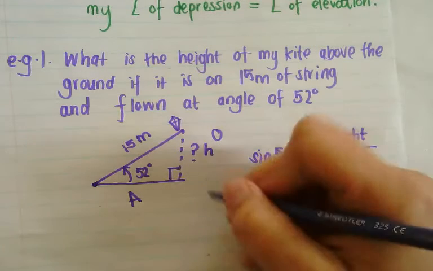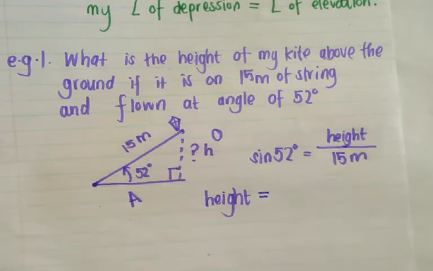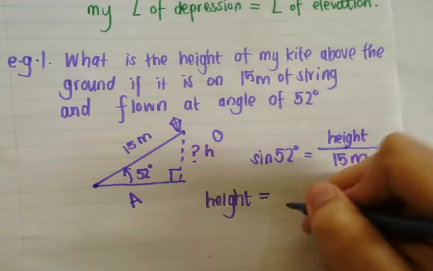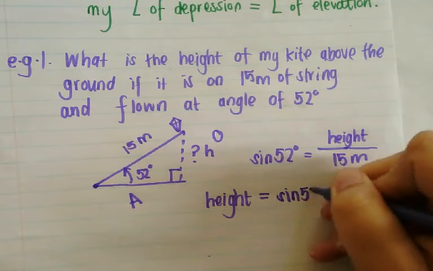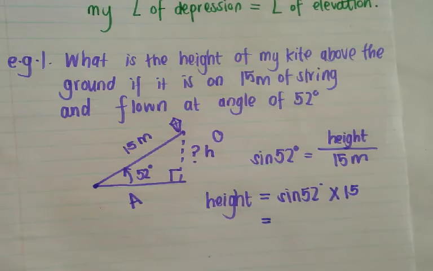So how am I actually going to solve for height? Height equals what? Sine 52 times 15. Fantastic. So let's calculate. It's definitely going to need our calculators.